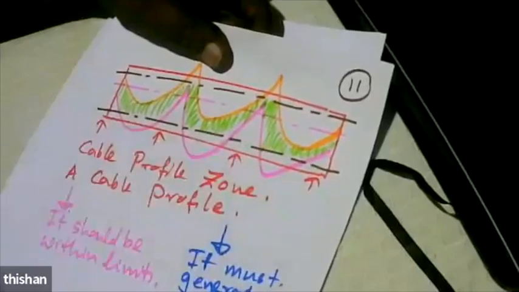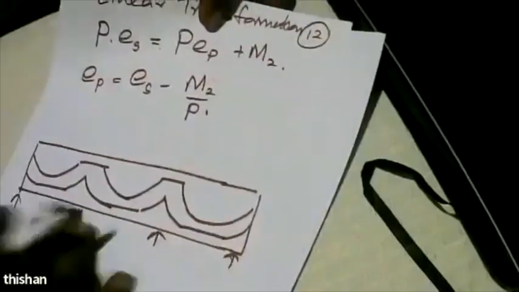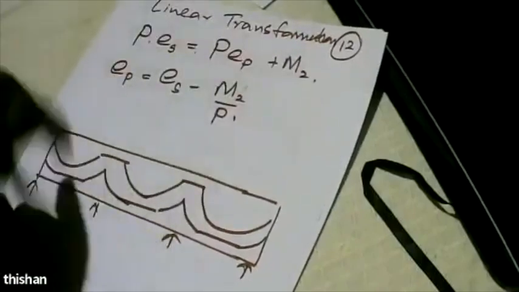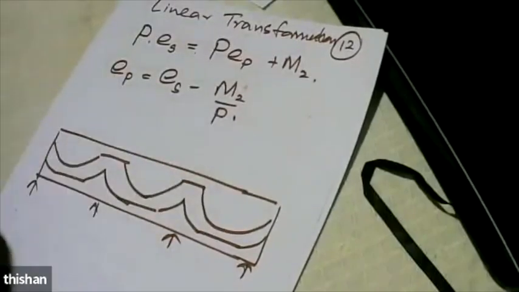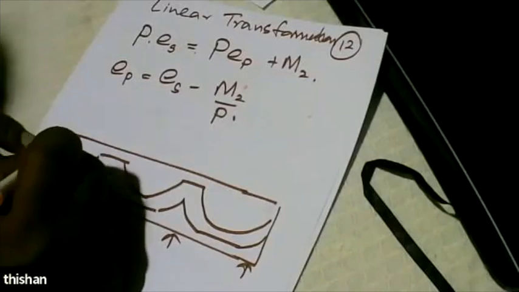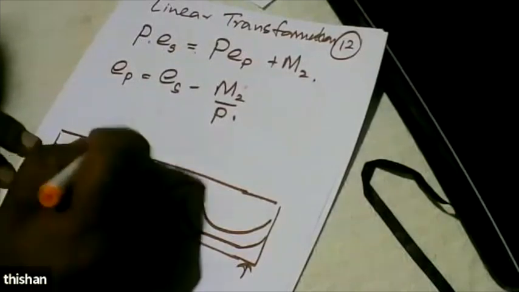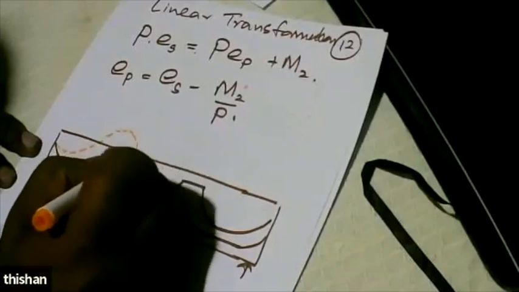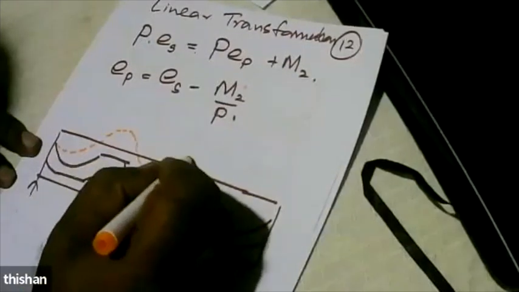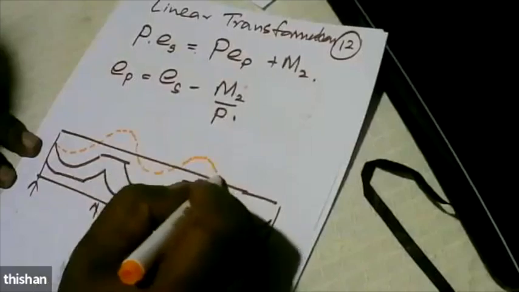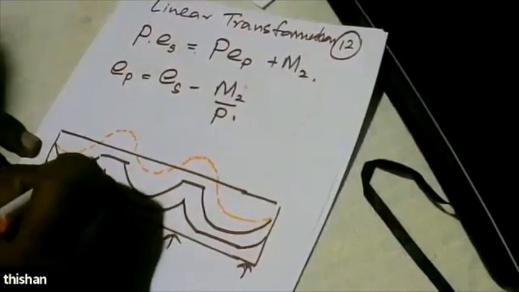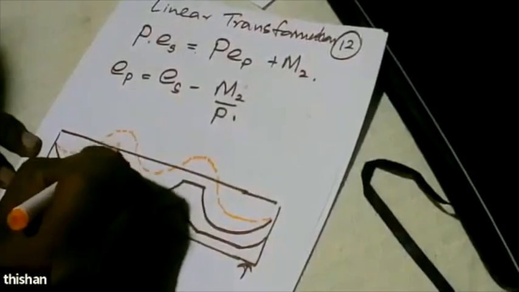So if you look like this, I will use this equation and then find something called the zone, it can be even outside.